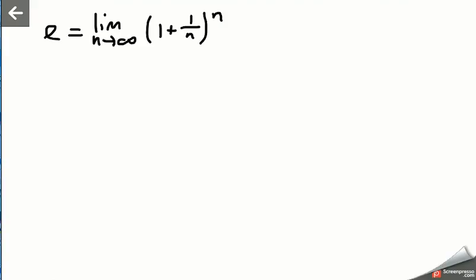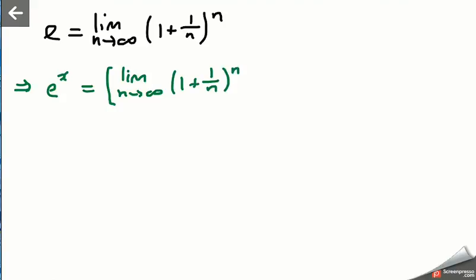So now we're going to take e to the power of x. Based on this definition, e to the power of x must be equal to this limit as n gets bigger and bigger of (1 + 1/n)^n, and then we're taking that thing to the power of x. Well, we can bring it inside the limit now.